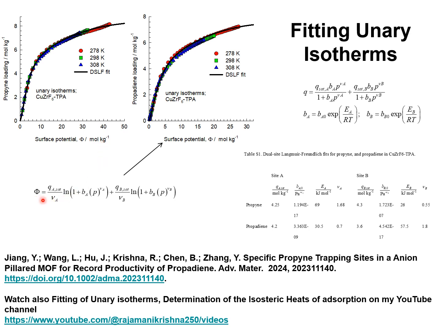The surface potential at any given temperature is given by this expression, where the parameters are determined from the isotherm fits that are specified in this table. We see that the data at the different temperatures collapse into a single curve, and that the experimental data are in good agreement with the fits that are indicated by the continuous solid line.